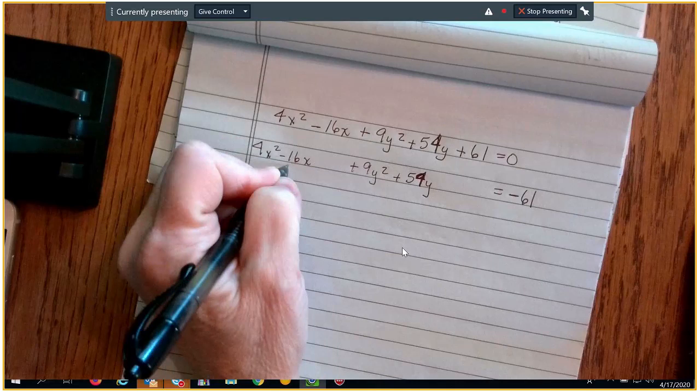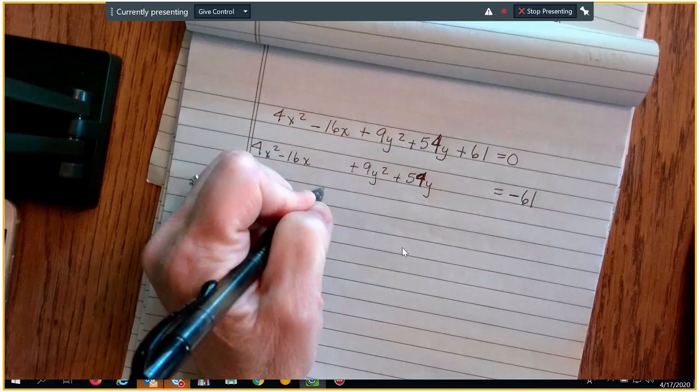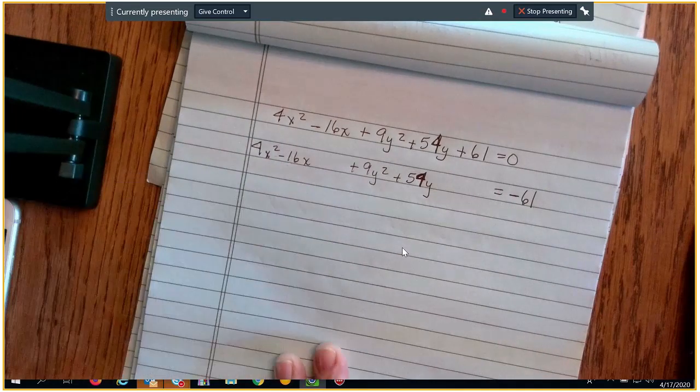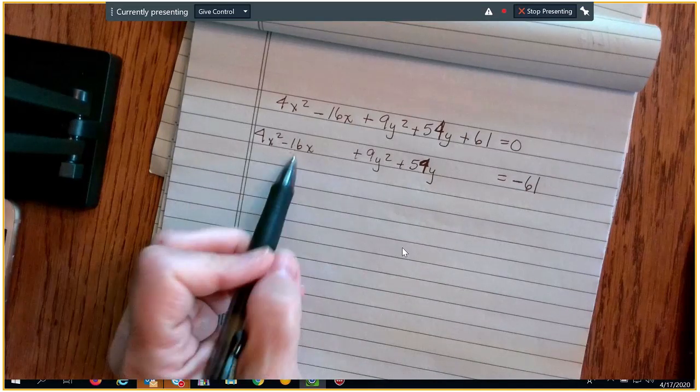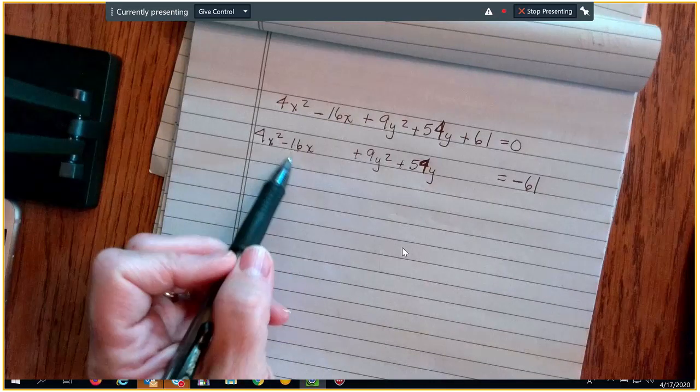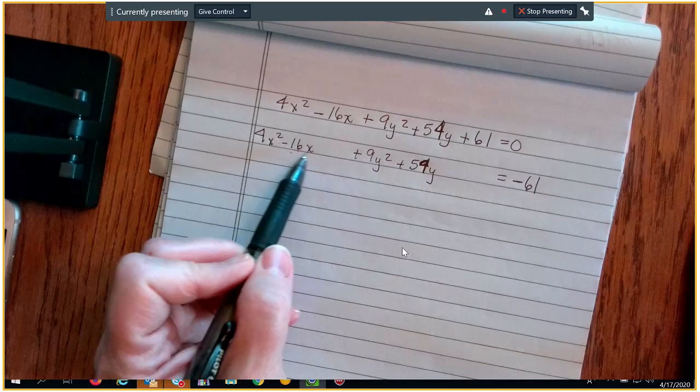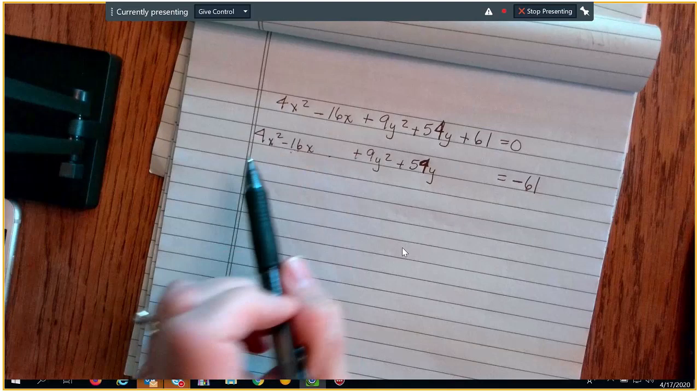So half of this is 8, and then I'm sorry, half of this is 8. That's not going to work out right. Did I write it down wrong again?